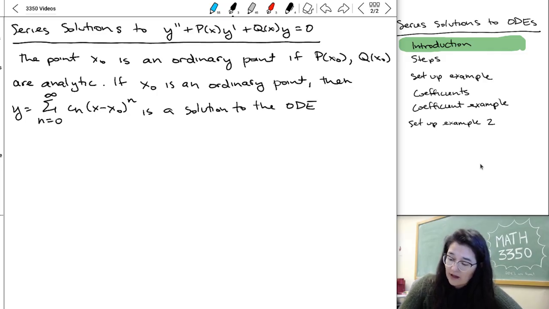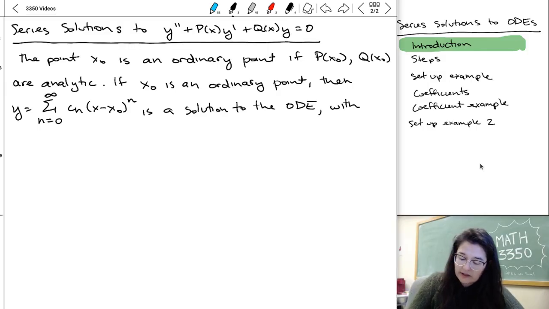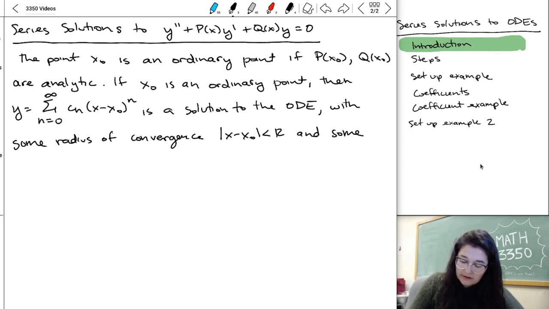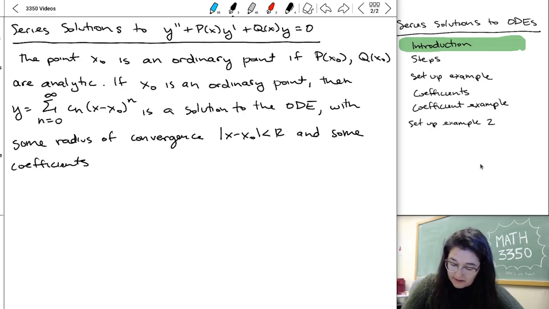And that solution will have some radius of convergence, and some coefficients c sub n.